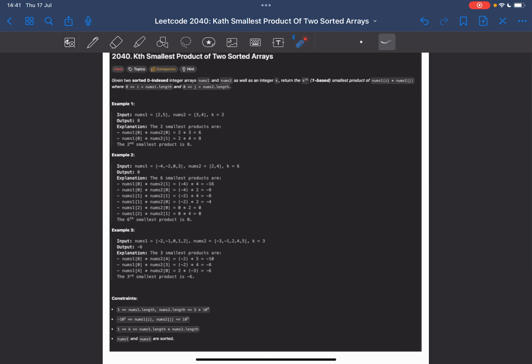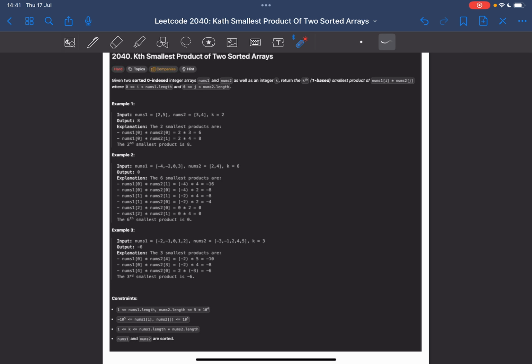And it says here that for the length of nums1 and nums2, we have at least one element. So the length of nums1 and nums2 is at least 1, and at most 5 times 10 raised to power 4.